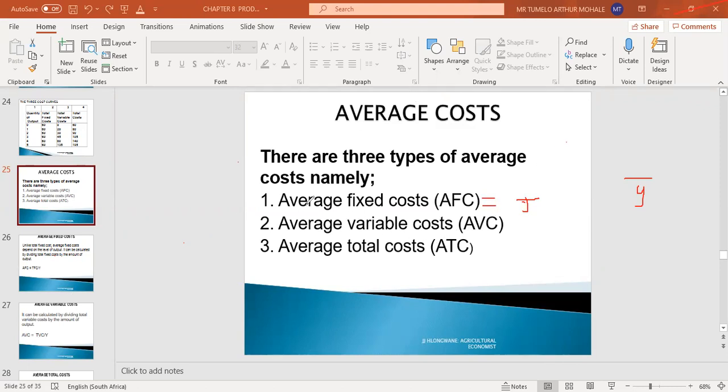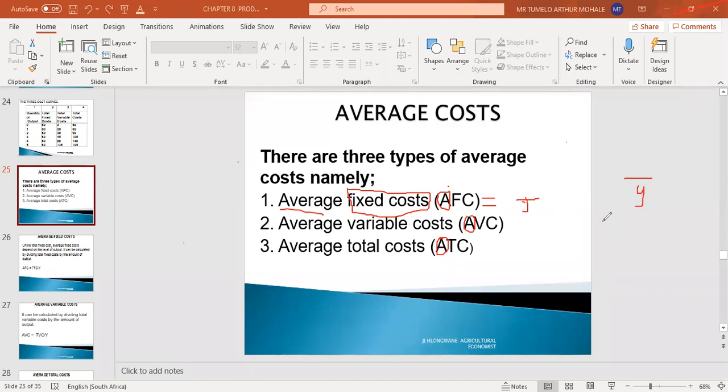So when they say calculate the average fixed costs, you will take the total fixed costs from here, and then it means that these A's are captured by Y. So we have already used them.